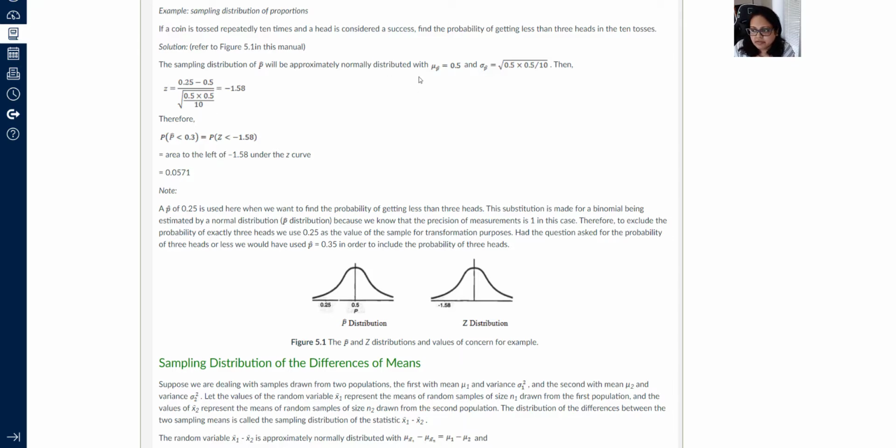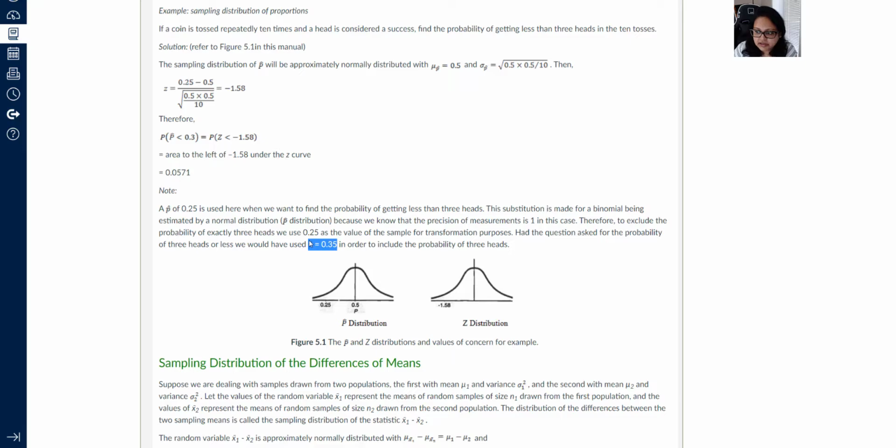Okay, so maybe you have noticed that we talked about previously less than 3 heads, but we used 0.25 so that we know it's not exactly 3. That's why we use 0.25. But if you want to include the 3 heads, so it's not less than 3, it's actually including exactly 3 heads and less, then we can use a little bit higher probability.